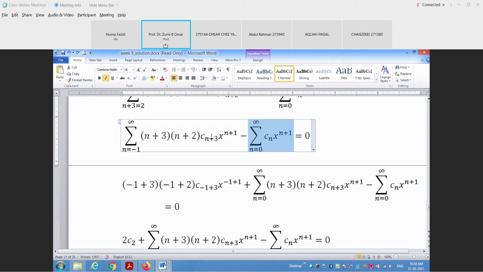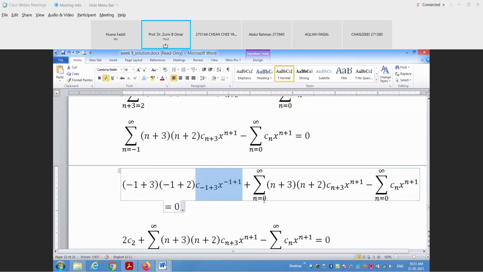Now all the powers are the same, but their indices are not the same. This one starts with n equal to minus 1, this one starts with n equal to 0. To make the index the same, first you replace this n with n minus 1, and from now on this n will start with 0, because when you add minus 1 plus 1, we get 0.